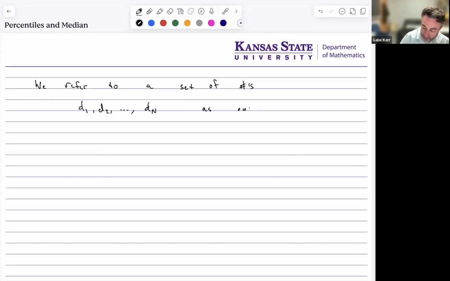This is our data set. Given a data set, we'd like to find a number that we'll call the pth percentile. So what is that? Here's the definition, and then we'll go through a method to compute this number, and then we'll talk about some examples.